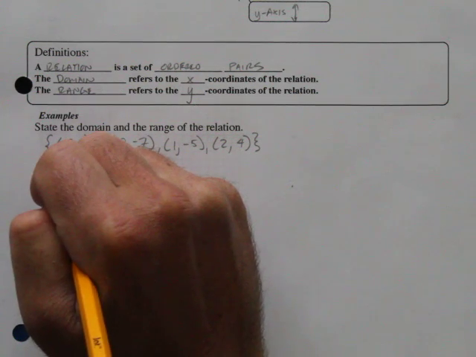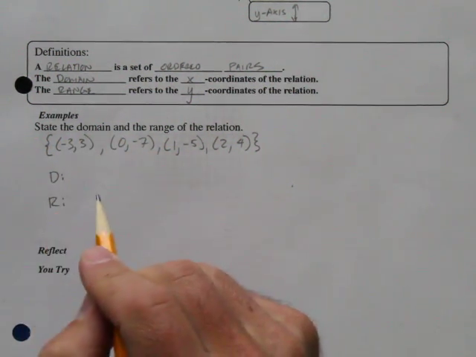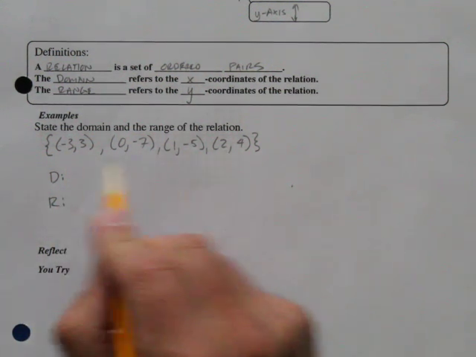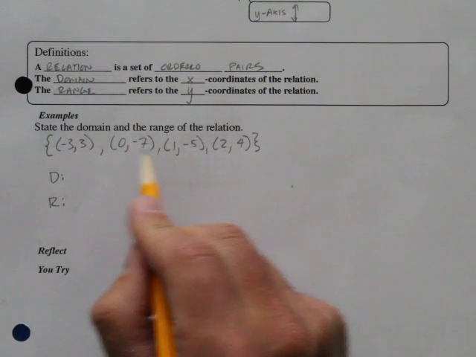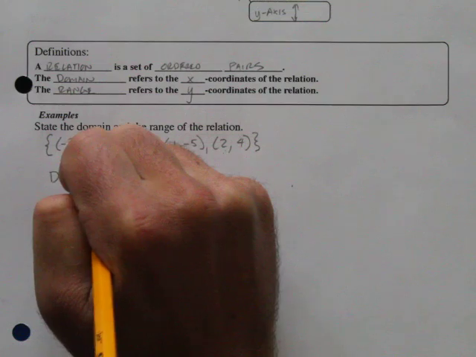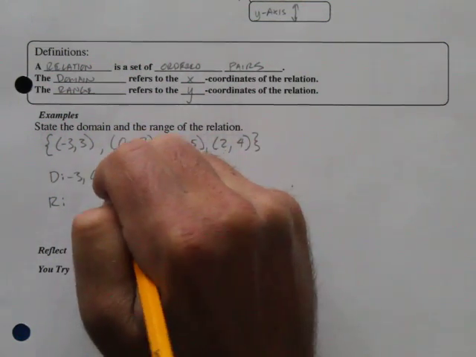So the domain and the range here, the domain, all I'm doing for the domain is writing down the x values. So the one that's on the left of each point, that's my x value. All I'm doing is writing those down: -3, 0, 1, and 2.